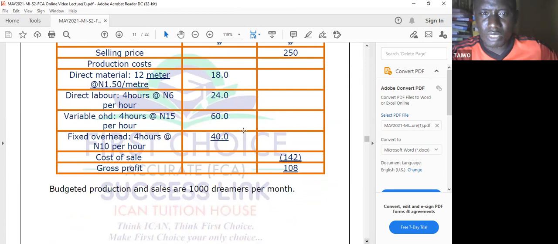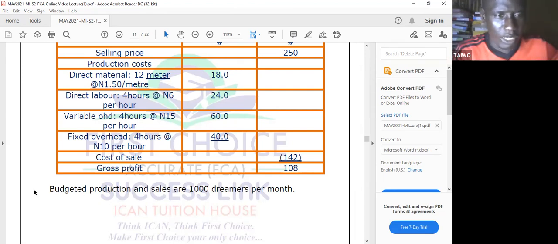In a nutshell, the total cost I set to incur is the addition of 18 naira material, 24 labor, 60 variable, and 40 fixed. You add it to get 142, which is the standard cost of sales. If I deduct the standard cost I want to incur from the standard selling price, I get the standard profit I'm looking at making. All things being equal, I'm looking at making 108 naira as profit.